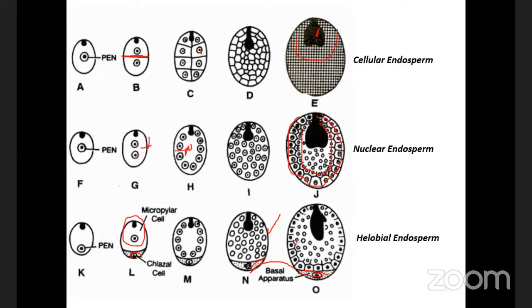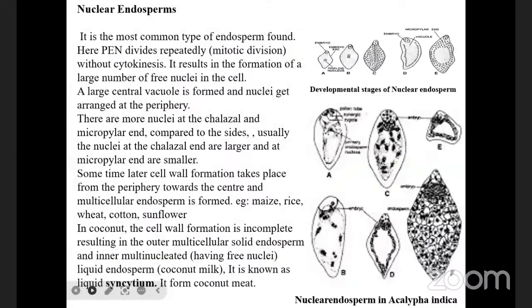That we call helobial endosperm. These are the developmental stages of endosperm: cellular, nuclear and helobial.